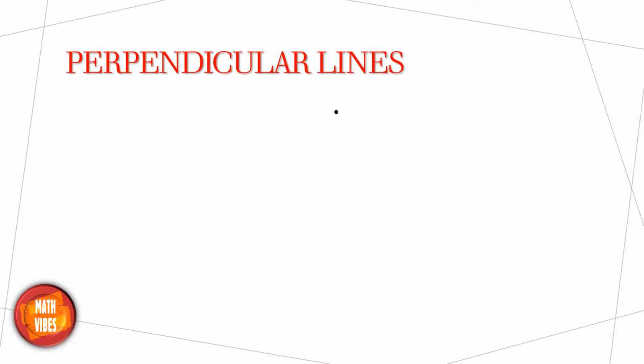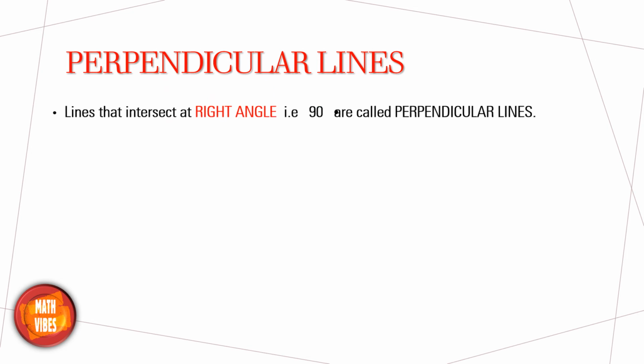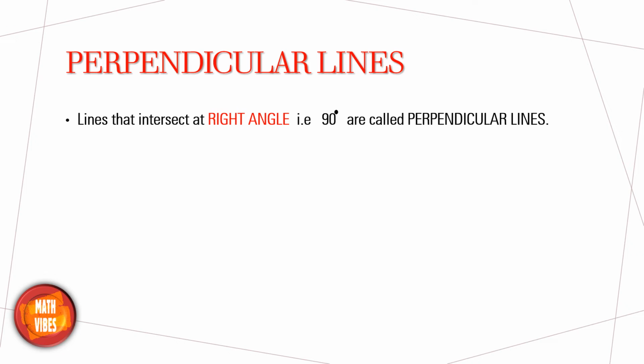Let's move ahead. Let's now see what are perpendicular lines. Lines that intersect at a right angle, that is 90 degrees, are called perpendicular lines.